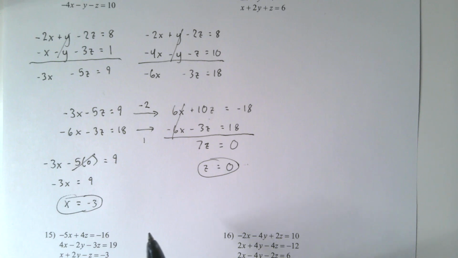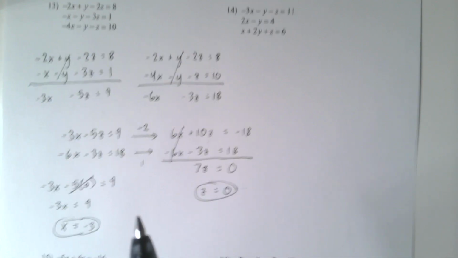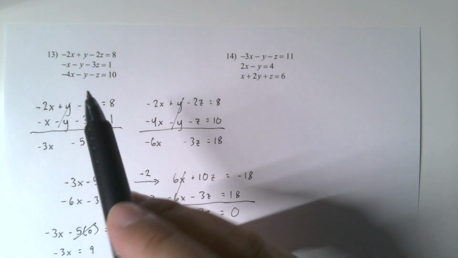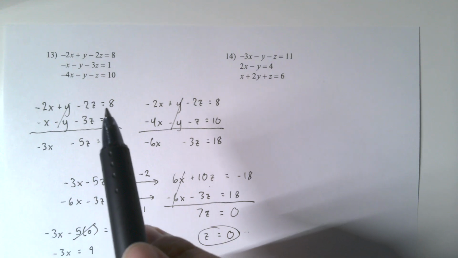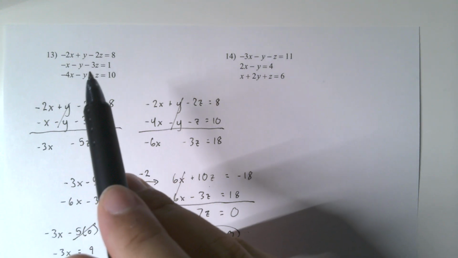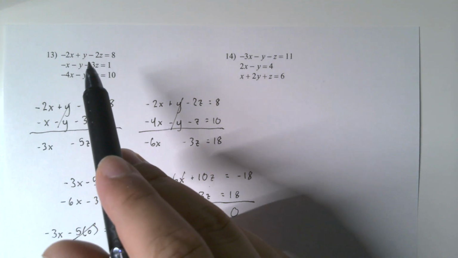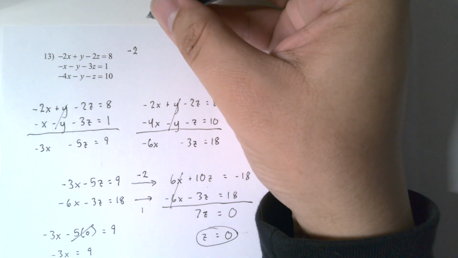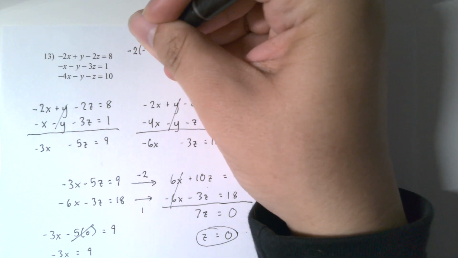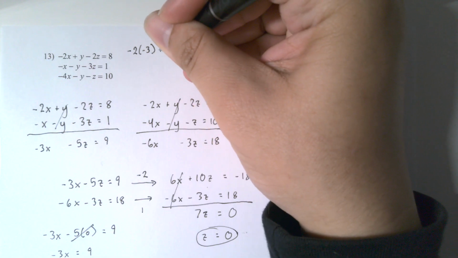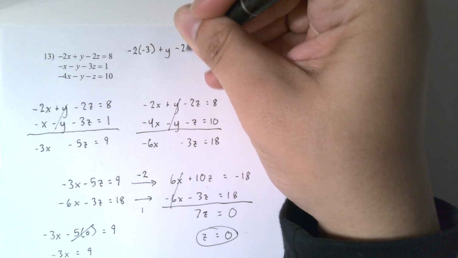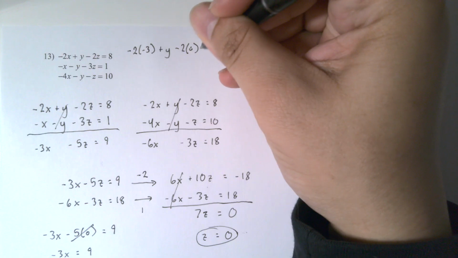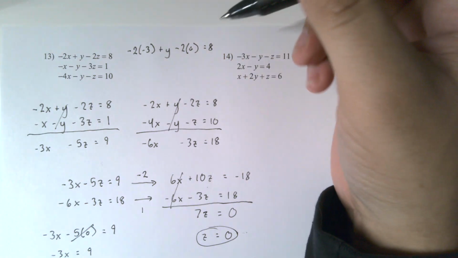Now that we know that x is equal to negative 3, we can find y. So we're going to go up to any one of these equations, and I like to always choose the equation with a positive variable of whatever we're trying to find. So I'm going to use the top one. So we have negative 2x, but x is negative 3, plus y minus 2 times z, but z is 0, and that's equal to 8.